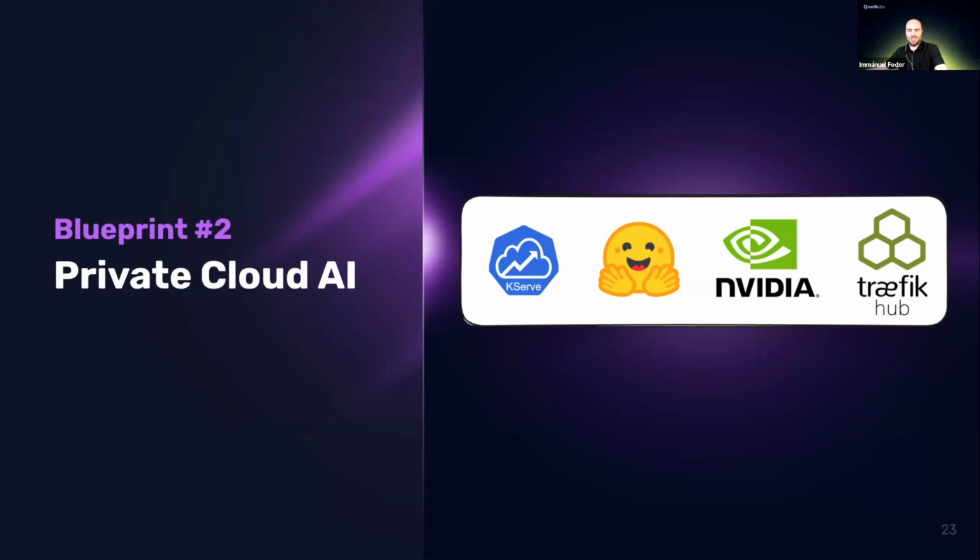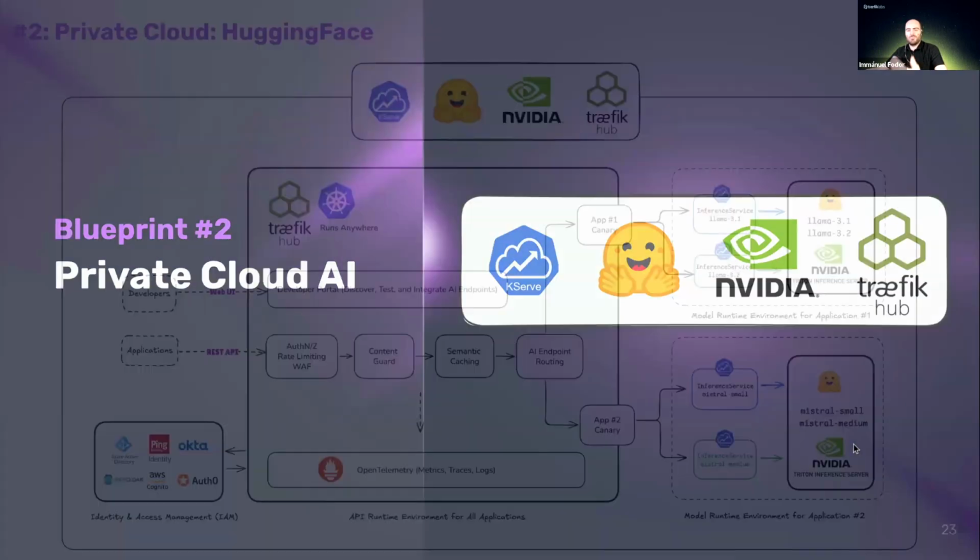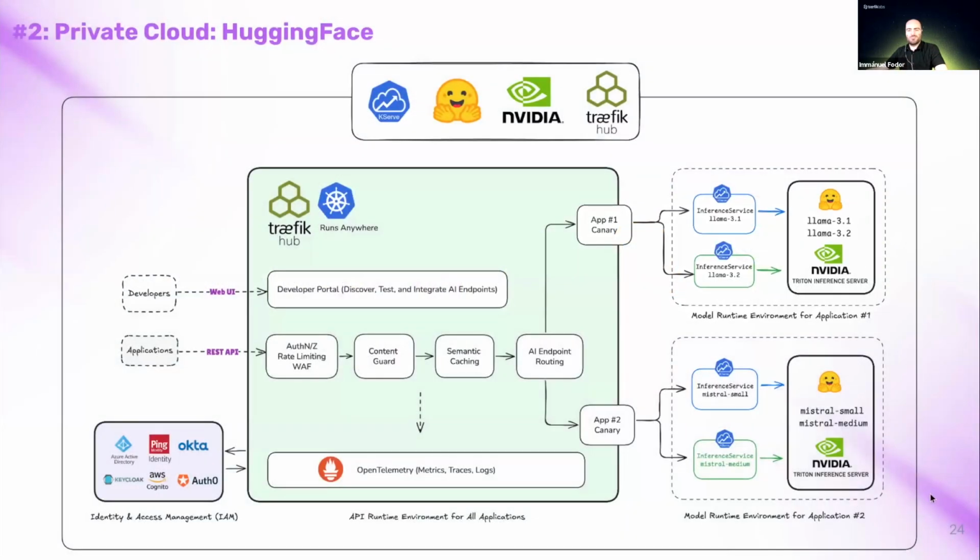So we will use, again, NVIDIA GPUs, but now served by KServe. You can see the blueprint is very similar to the previous one. There is not much change here. What's changed is basically that there are different models on the model runtime. There is KServe serving these models, but everything else is basically the same.